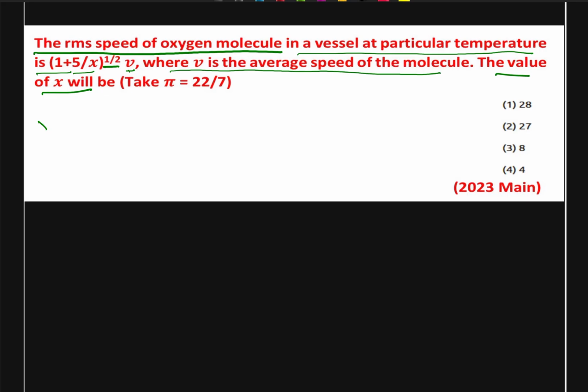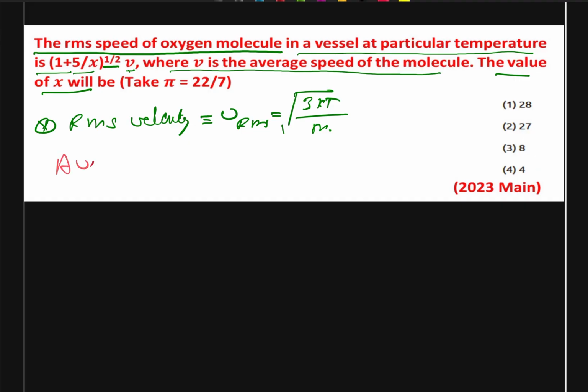So we know that our r.m.s velocity, which is V.r.m.s, is equal to square root of 3kT divided by m, and our average velocity, in this case given as v, will be equal to square root of 8RT divided by pi times m.